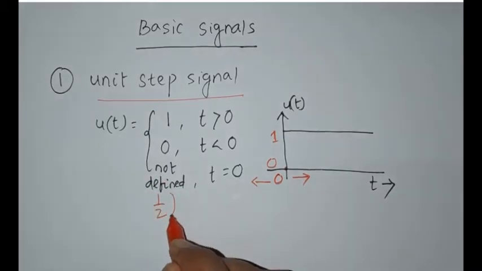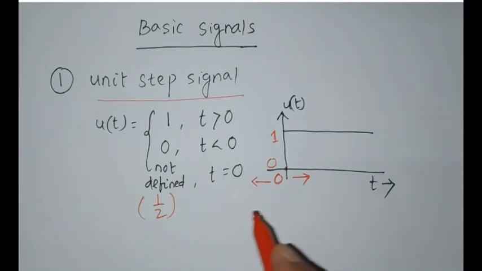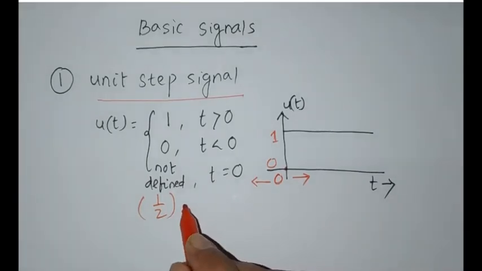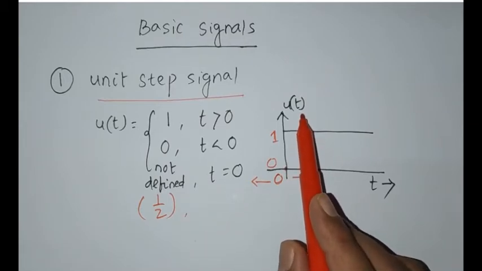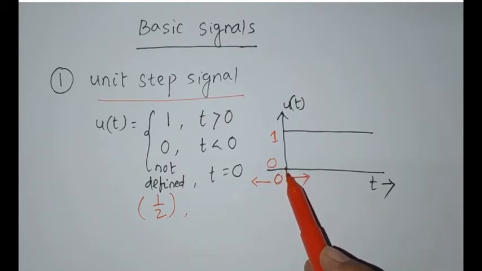In some books the value is also given as half. How is it taken? u of t is discontinuous at point t equals 0, t equals 0 being the discontinuity point.